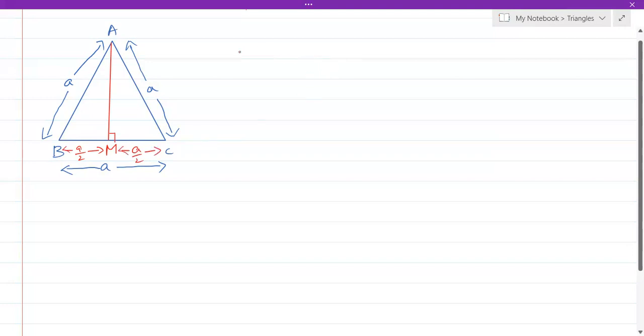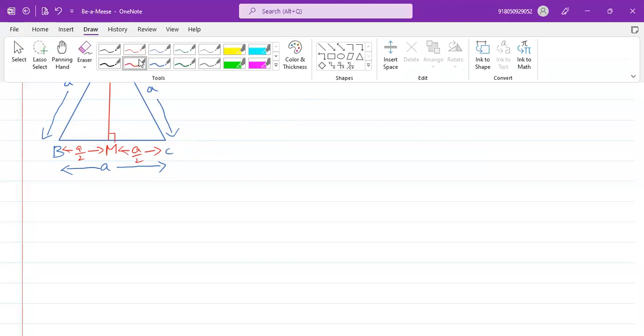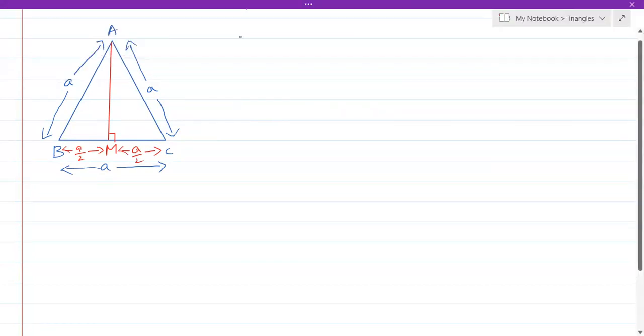Now what we have to prove is that 3 times the square of one side. So let's take AB. 3 times AB square is equal to 4 times the square of the altitude, that is 4 times AM square. Let's start with the proof.